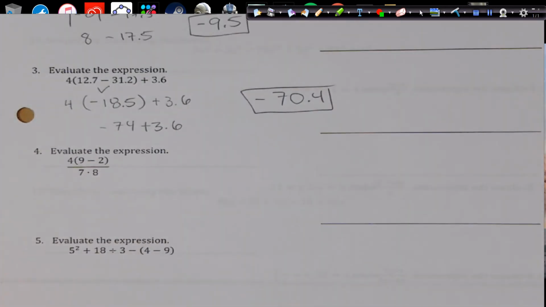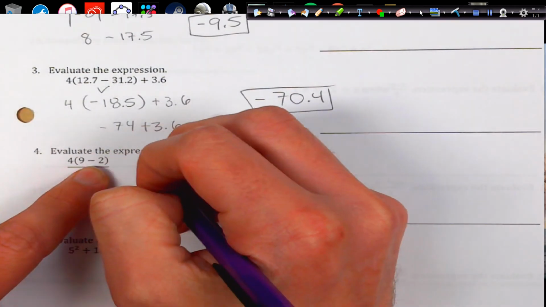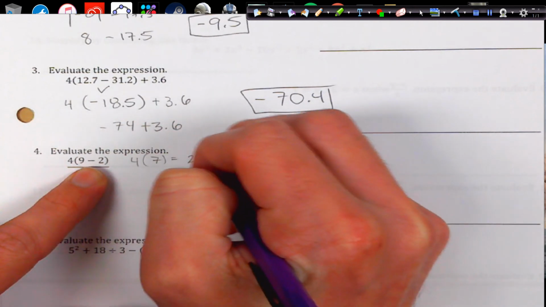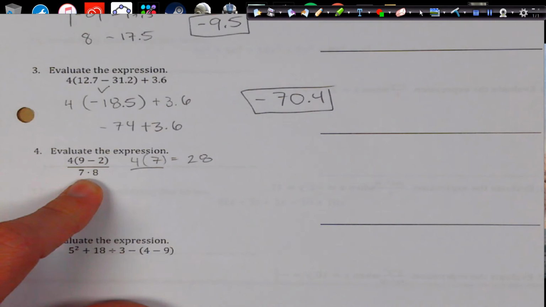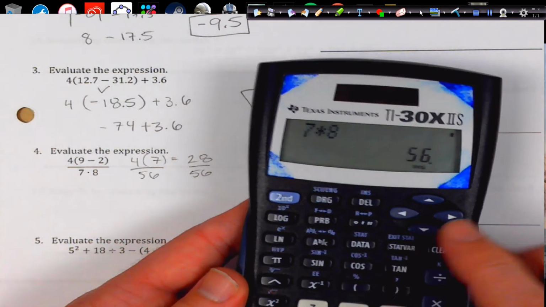Number 4, we're going to evaluate the top first and then evaluate the bottom. Parentheses in here is going to be 9 minus 2 is going to be 7 times 4, which is 28. On the bottom, 7 times 8, which is 56. I showed it in class, I'm going to show you again here.